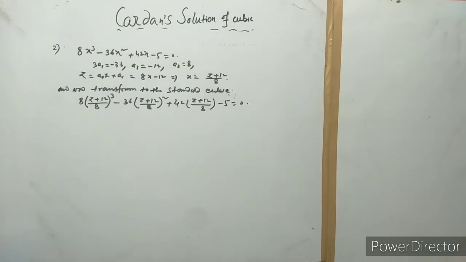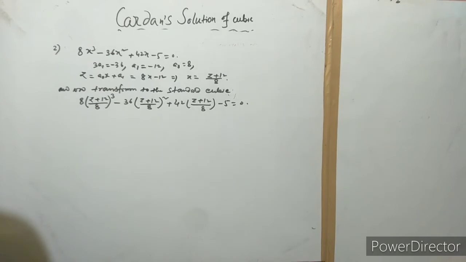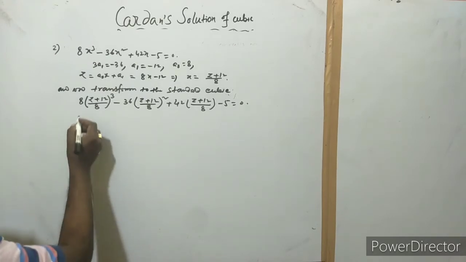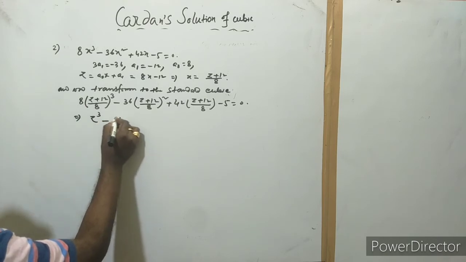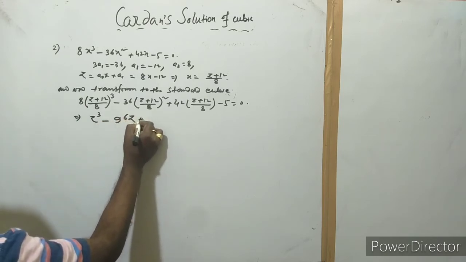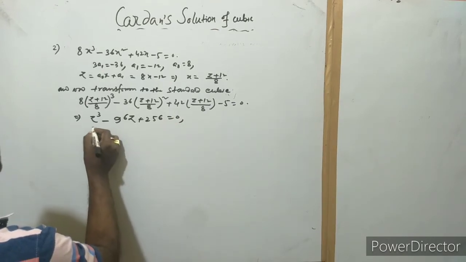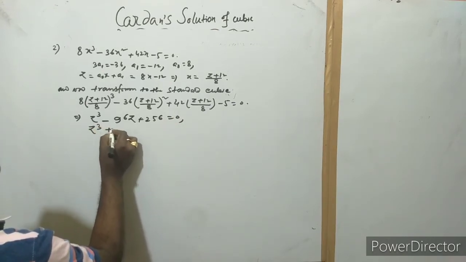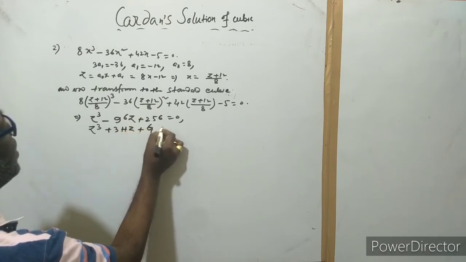Okay. And now simplify this equation. So what we get here, see carefully, z cube minus 96z plus 256 equal to 0 actually. And compare with z cube plus 3hz plus g is equal to 0.